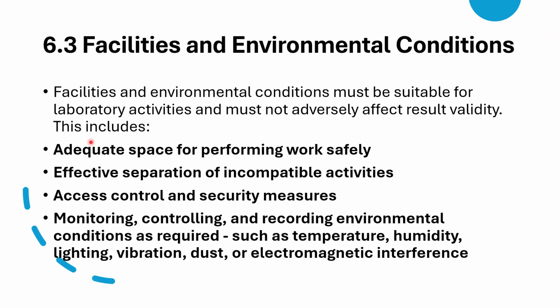This includes adequate space for performing work safely, effective separation of incompatible activities, access control and security measures, monitoring, controlling and recording environmental conditions as required, such as temperature, humidity, lighting, vibration, dust, or electromagnetic interference.